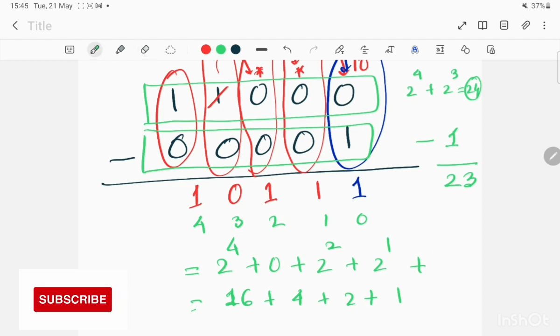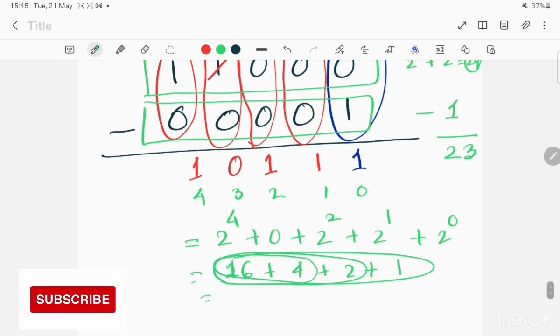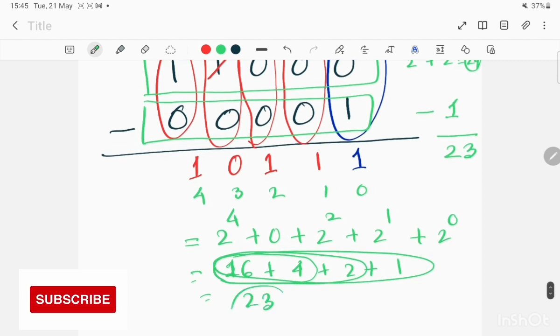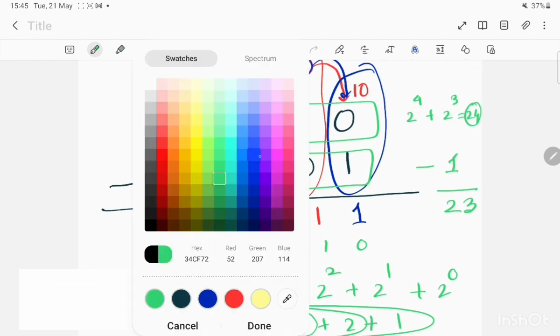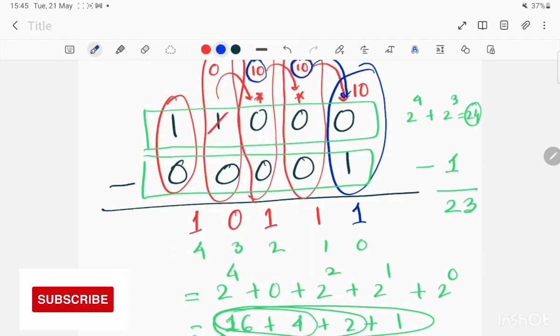There was a mistake here, so this is 2 to power 0. So it is equal to 16 plus 4, 20, 22, and it is 23. So this is 23. Okay. So you see this thing is verified now.